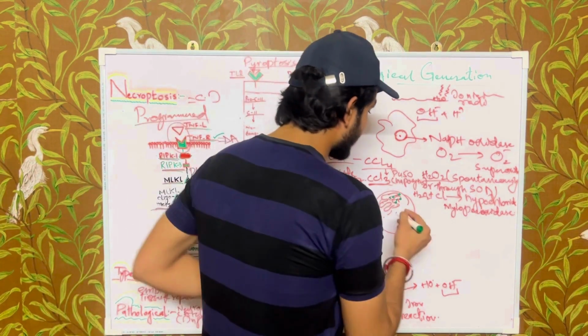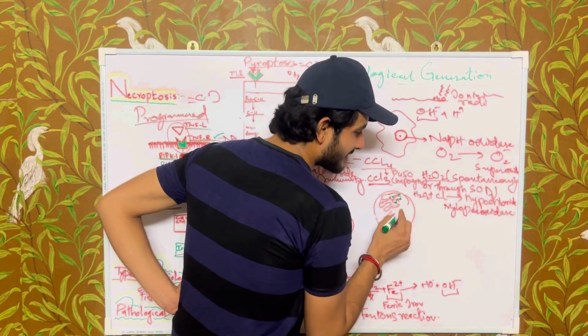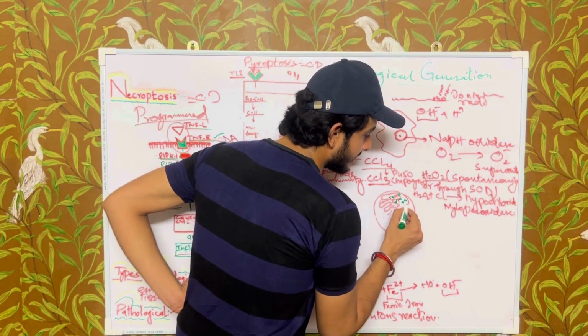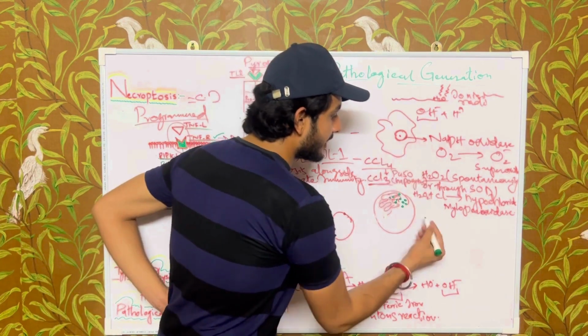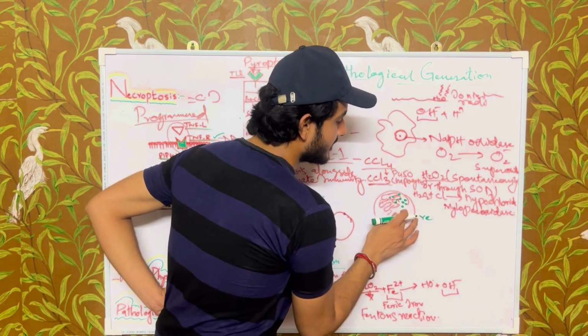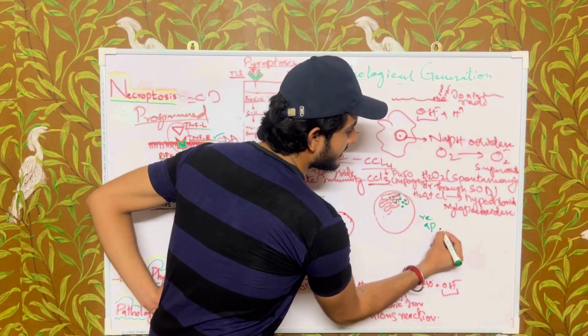So what happens? Due to the swelling of this endoplasmic reticulum, these ribosomes detach and protein synthesis stops. Due to the stoppage of protein synthesis, apolipoproteins are not synthesized.